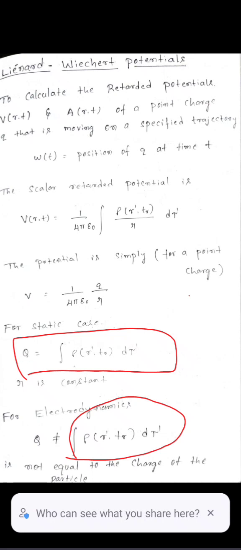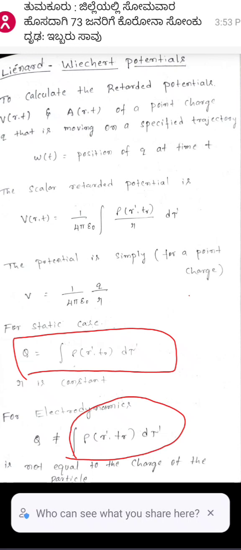To find the total charge of a configuration, you must integrate rho over the entire distribution at one instant of time.